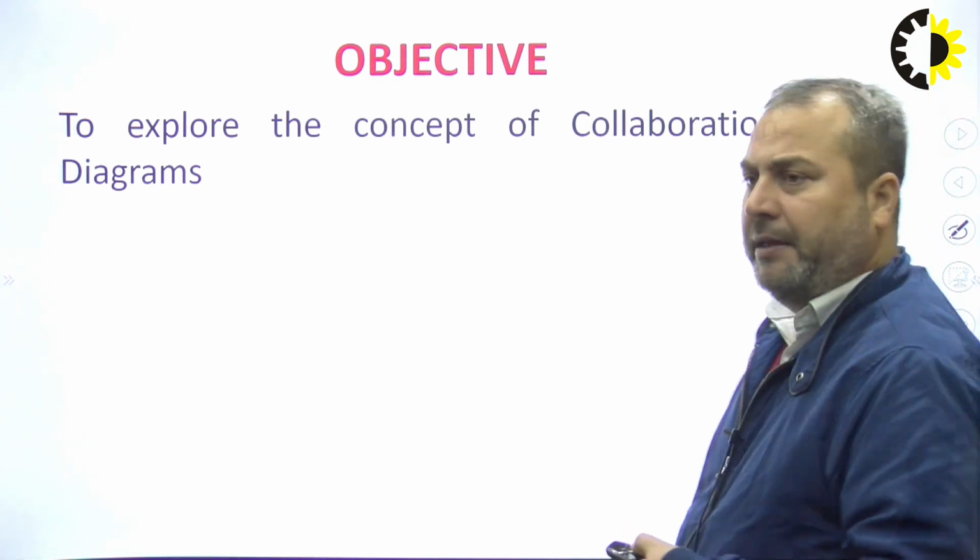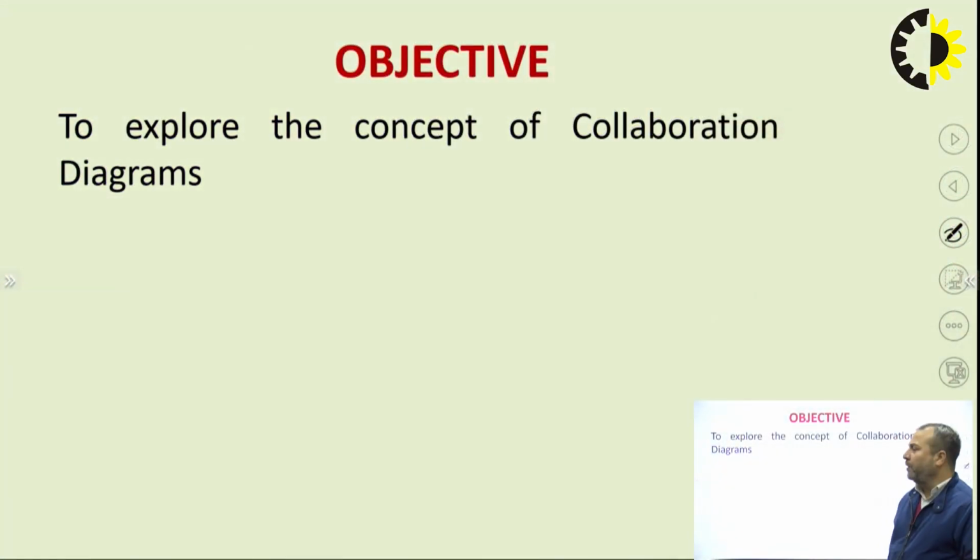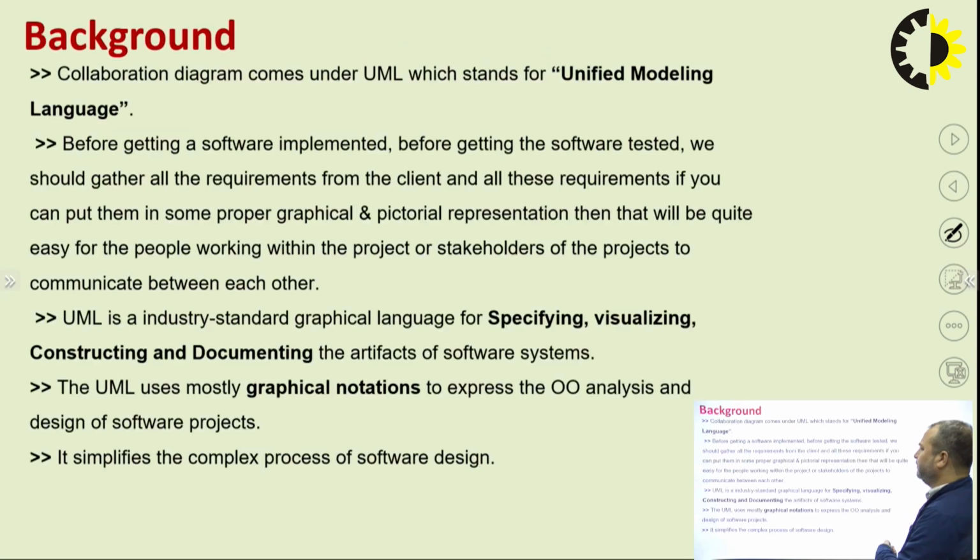In this video we will see the concept of collaboration diagrams. Before getting a software implemented, before getting a software tested, there is a requirement to gather all the information related to the software or the product which we want to develop.